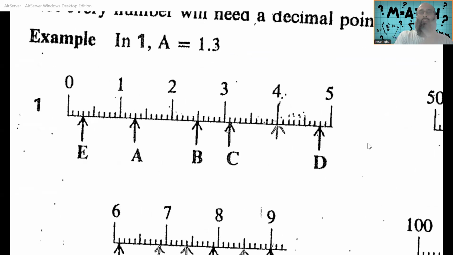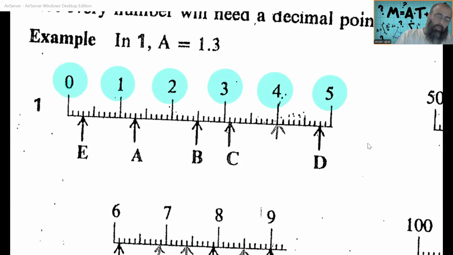So we have here 0, 1, 2, 3, 4, 5. So we're counting in ones on the big scale. Now, what we have to also realize is on the little scale over here, we have 10 little intervals. In order for us to work out what each little bit is, we've got our 1 from 0 to 1.